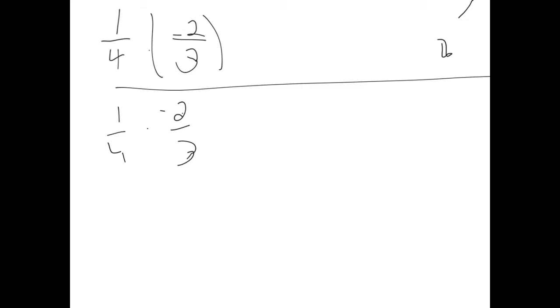Okay, so I have written the problem down. 1 over 4 times negative 2 over 3. This is how I like to do it. 1 times negative 2 over 4 times 3. Now we must see what goes into what.